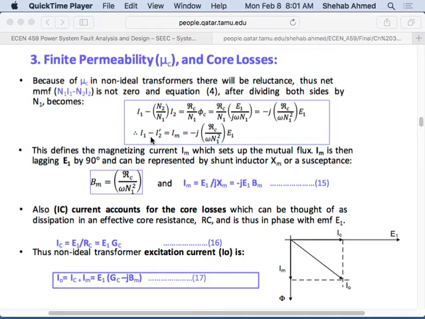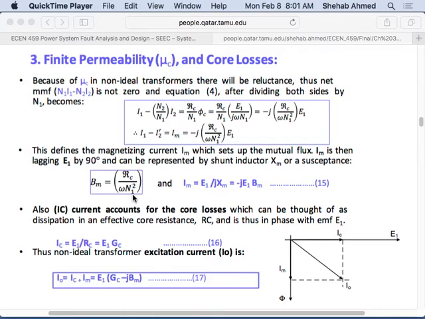So we concluded that we can call the value of susceptance, which is the complex component of the admittance, which in this case is the parallel magnetizing branch. The value of that will be the reluctance over omega times the number of turns on the primary squared, right?